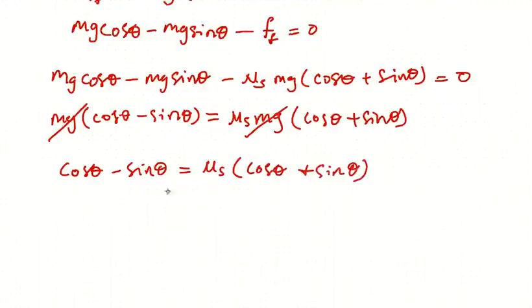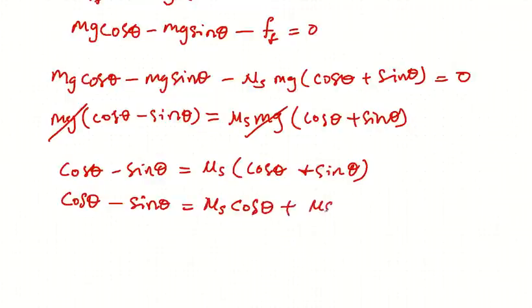I can open this bracket, having cos theta minus sin theta equal to mu s cos theta plus mu s sin theta. Let's collect the like terms.